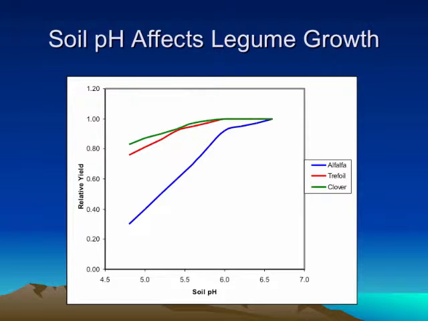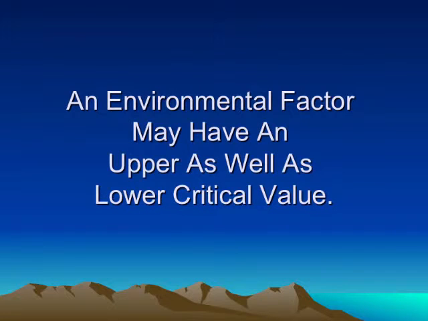If we drop below 6, alfalfa growth drops very quickly. It's very intolerant of low pH. On the other hand, red clover, white clover, or bird's foot trefoil are quite tolerant of low pH, as long as they have the other things they need. So it just shows different species and their tolerance, in this case, to pH.